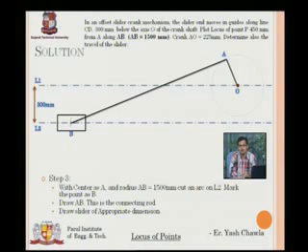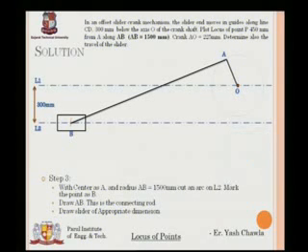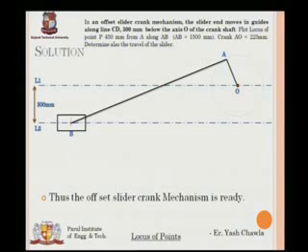So I'll take a normal sizable slider to show that this is the slider. So here we have the slider and crank mechanism ready. Offset slider and crank mechanism. Okay, so it is ready.